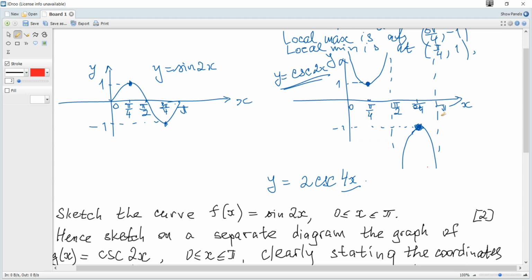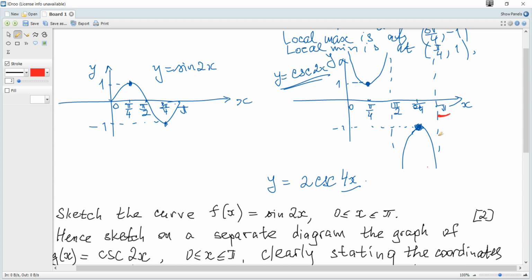Or if we consider, for example, pi, there will be such a picture again.